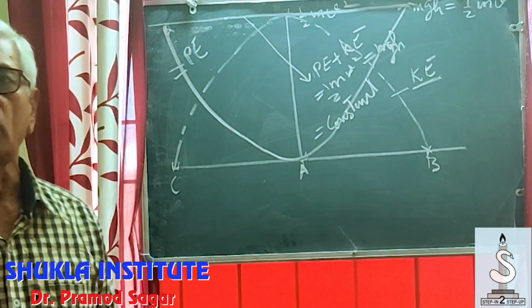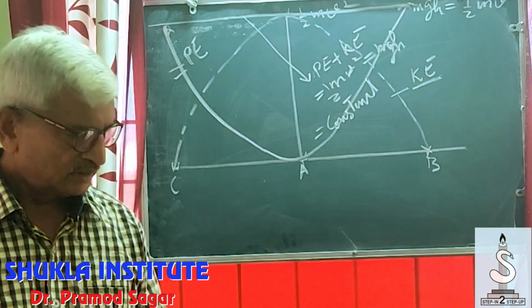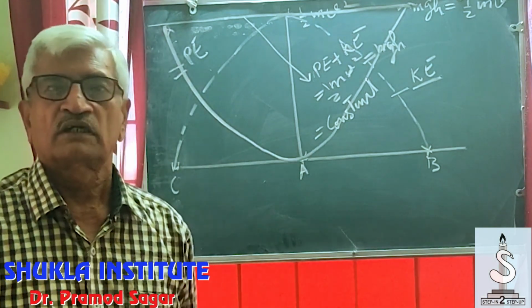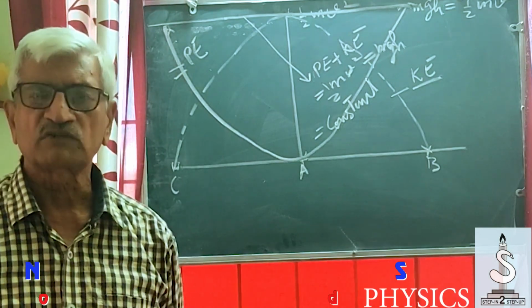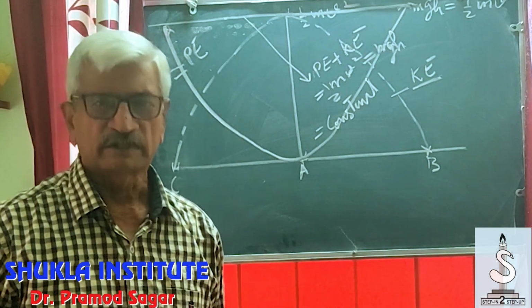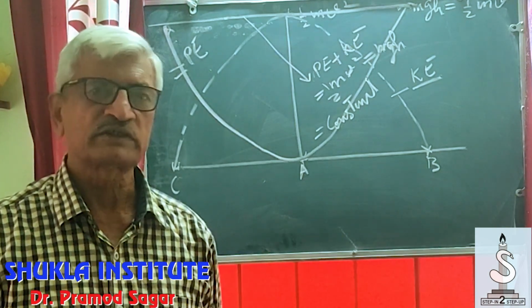So this is how the potential energy varies in this process. The kinetic energy converts itself into potential energy. Potential energy converts itself into kinetic energy, but the total energy always remains constant.